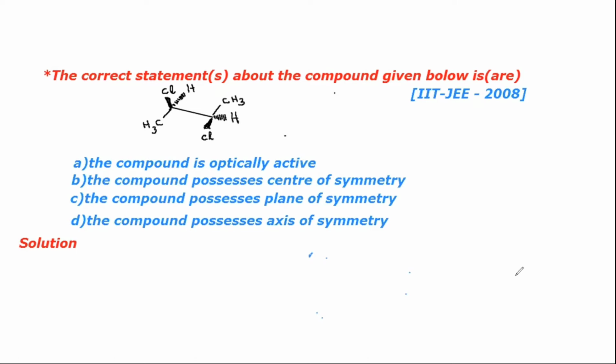Now see the solution. To solve this question, we have to convert the given wedge and dash formula into Fischer formula. Before converting into Fischer formula, on the two chiral carbons, here and here, we have to assign RS notations by using CIP rules.